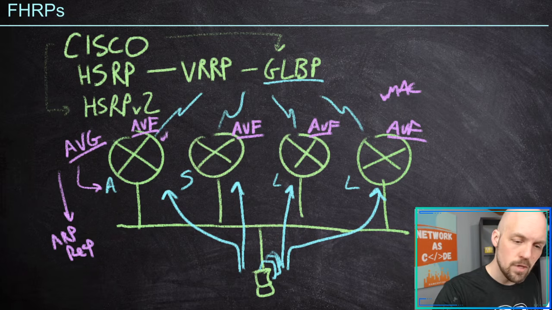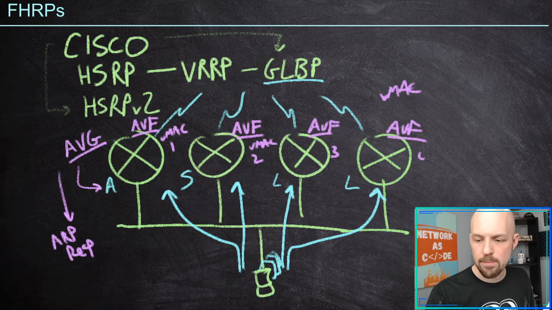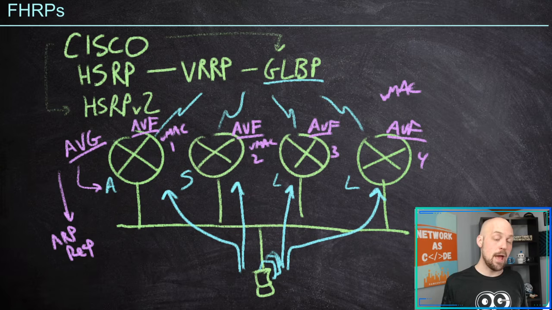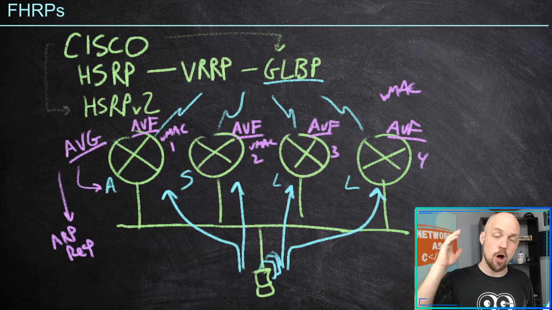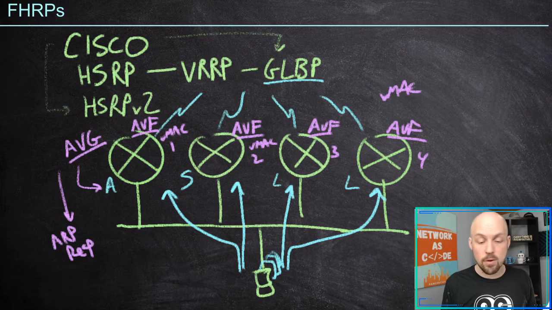So we kind of have VMAC 1 here, we have VMAC 2, VMAC 3, VMAC 4. So if I want to load balance this round robin, which is the default setting, my AVG is going to alternate round robin with what my virtual MAC is that I'm responding with.